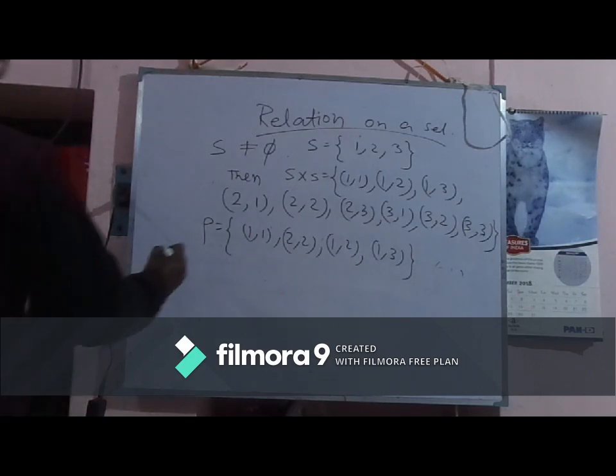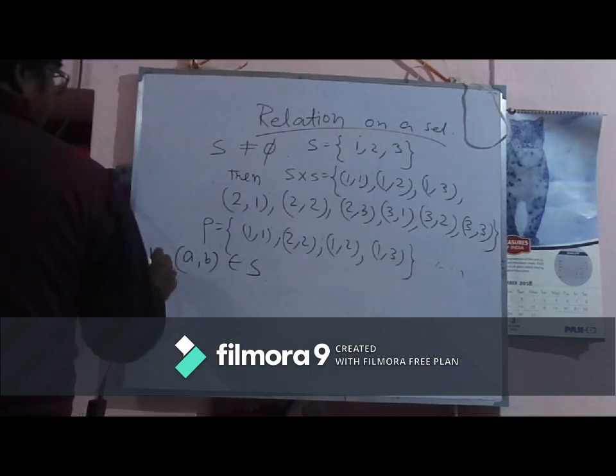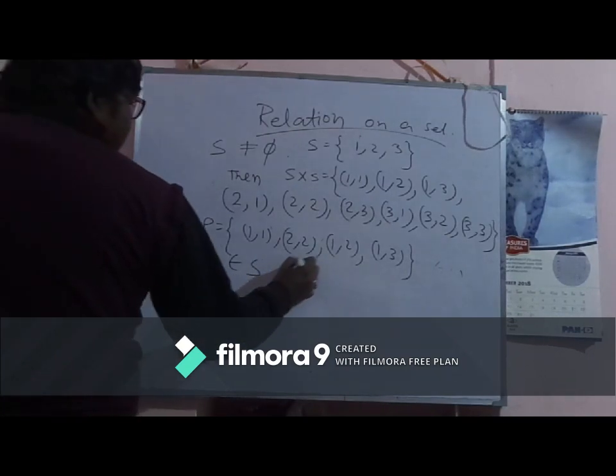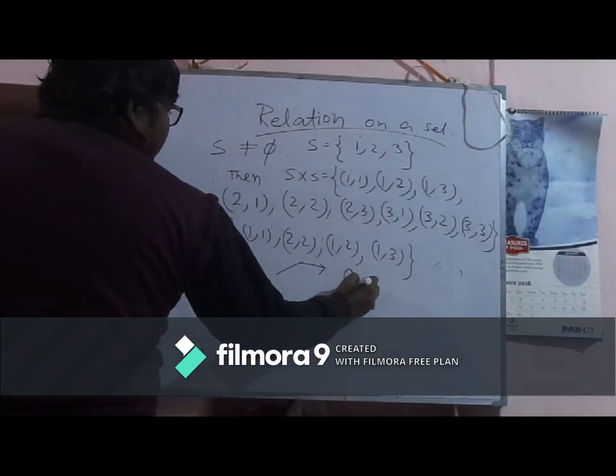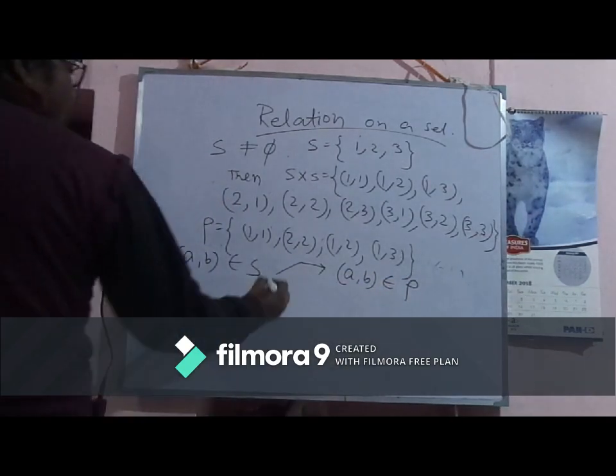Now, suppose a, b belongs to S. Then there are two cases. Case 1, (a, b) belongs to rho.